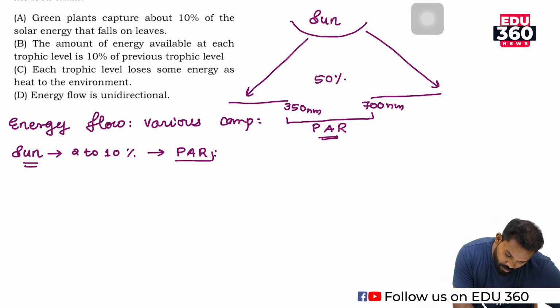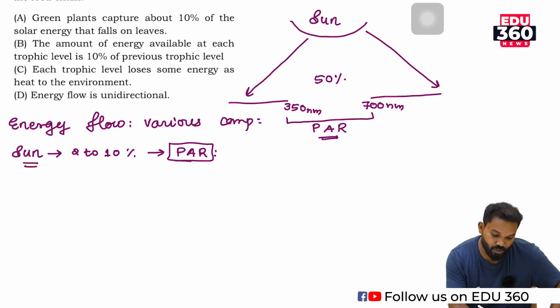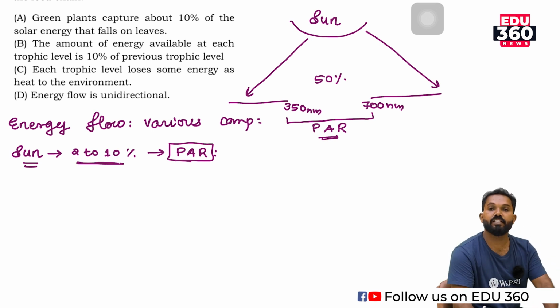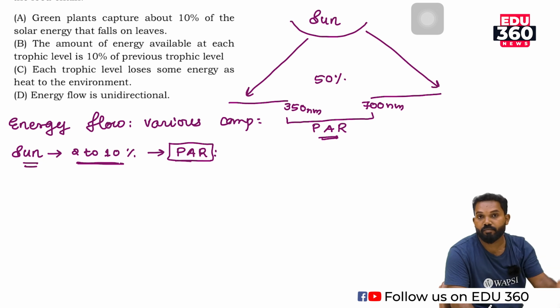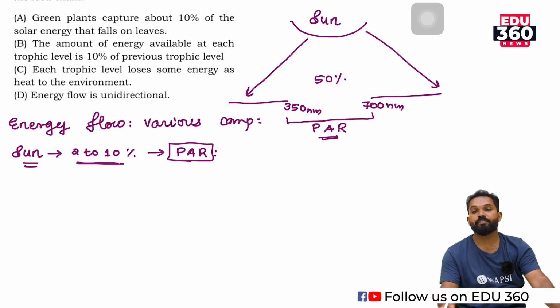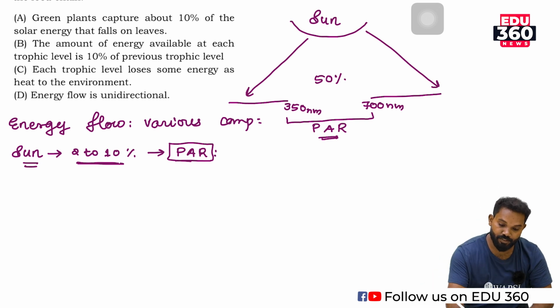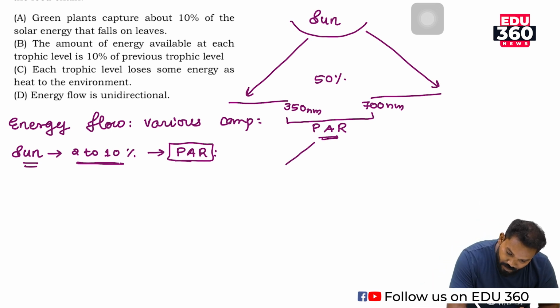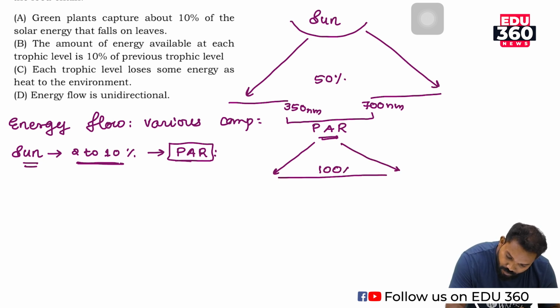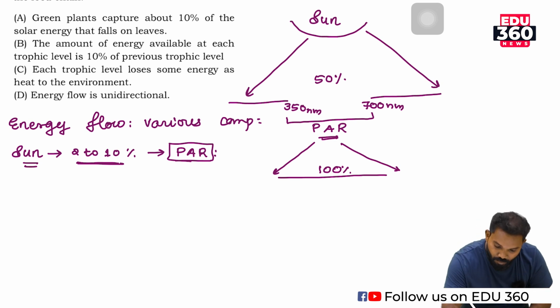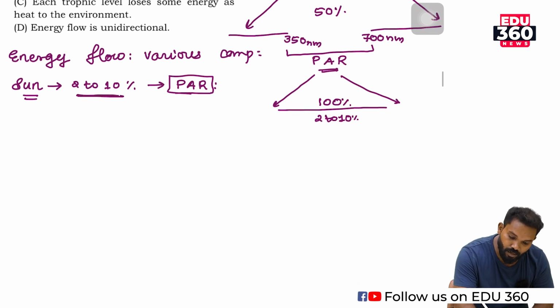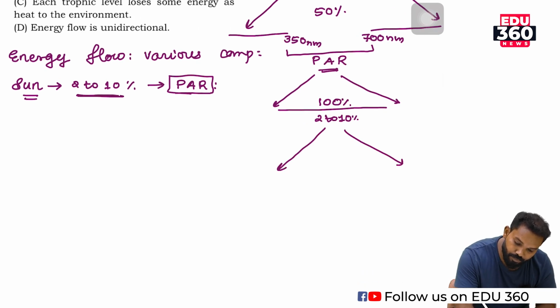So among the photosynthetically active radiation, only 2 to 10% is used by the organisms that are capable of capturing the light energy. They are known as producers or plants. This is the 100% of photosynthetically active radiation, and 2 to 10% of it is captured by producers.